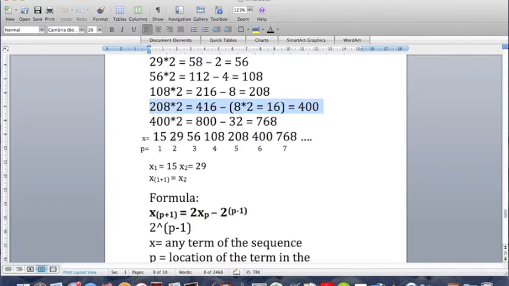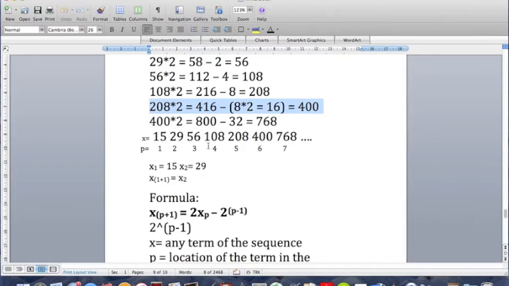So anytime we're missing one of the p values, or one of the x values that correspond to a p value, we won't be able to utilize this formula here. So that's when we have to go back and use our previous calculation procedure that's been mentioned over here in order to find out the next number in the sequence.